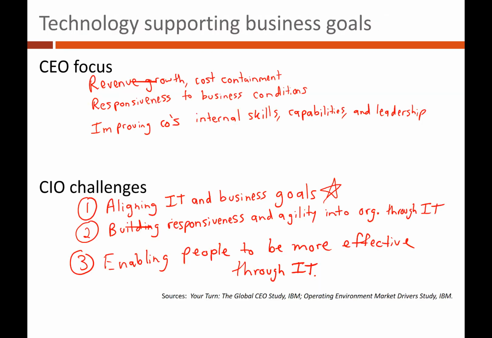So the thing that I thought was particularly interesting that came out of this IBM study was what you would hope to happen was that the CIO was very much in alignment with what the CEO was saying, with the obvious difference being that the CIO was focused on the role of technology in doing those things, while the CEO had a broader focus in what he or she was saying in that situation.